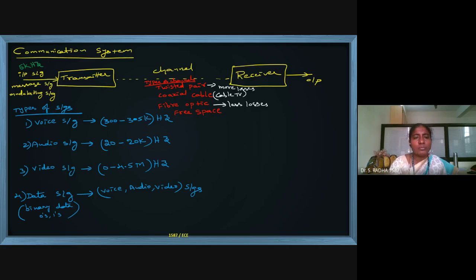And in the transmitter, we will have a carrier signal, which is a high frequency signal. This message signal is low frequency. If 5 kilohertz is low frequency, high frequency means 100 kilohertz, 10,000 kilohertz, like that. The carrier signal frequency is a very big number in kilohertz, because it is a high frequency signal.